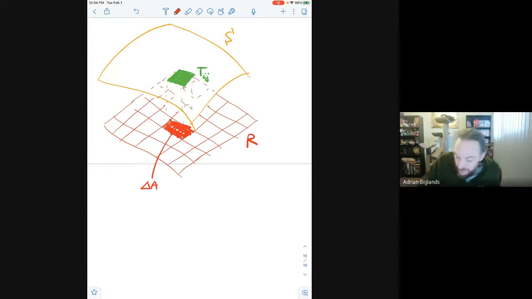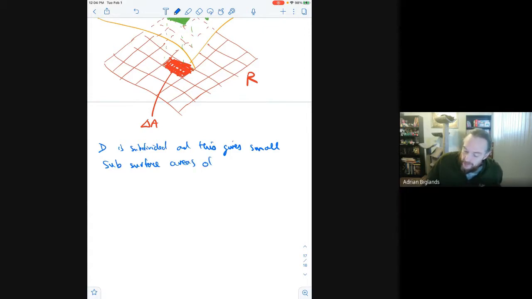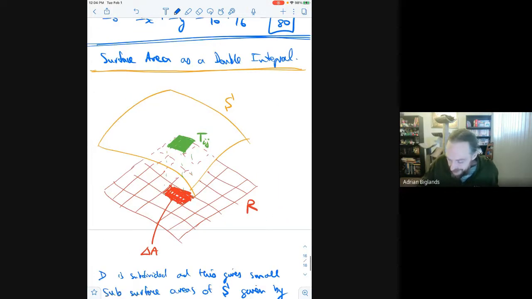And so what we're going to do, long story short, is D is subdivided, and this gives small subsurface areas of S given by delta Sij. So on the actual surface is the orange part.